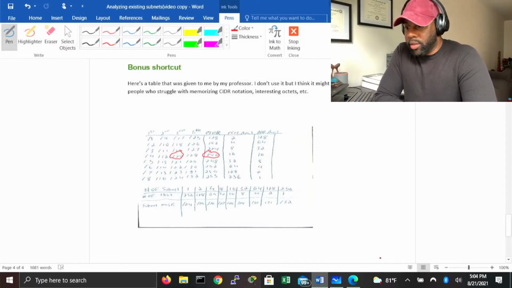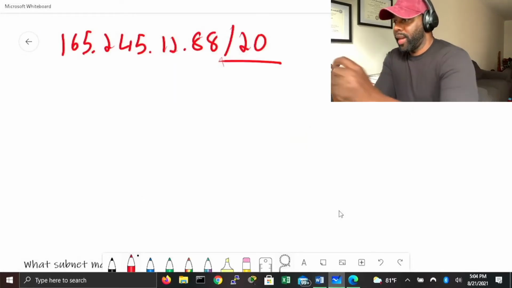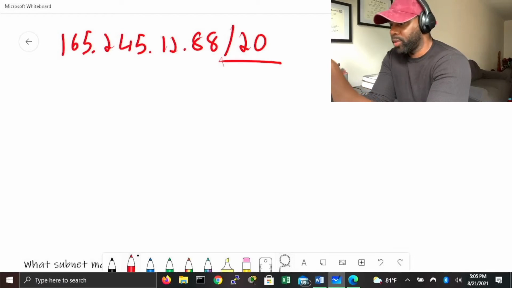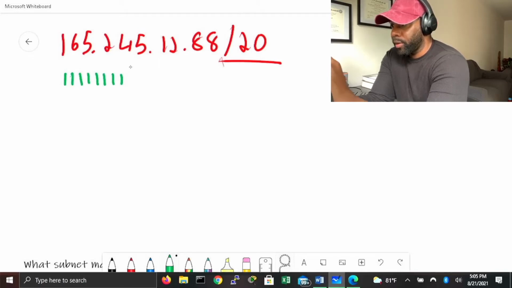So let's do our little conversion magic and see if that adds up. Let's do binary first, because with binary we need some practice, and binary will tell us the whole story. So we know that it's 20 ones in a row. 1, 2, 3, 4. 1, 2, 3, 4. 1, 2, 3, 4. 1, 2, 3, 4.